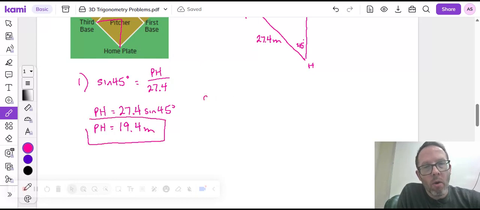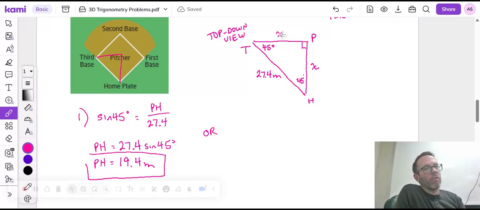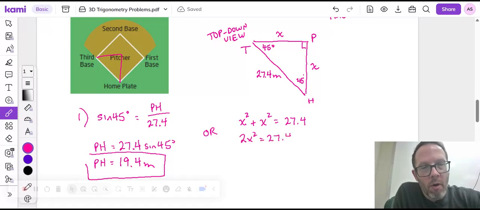I'm going to throw in a big R here as well. If we label that side x in this diagram here, both of those adjacent sides are the same, right? So you could use Pythagorean theorem. Pythagorean theorem says that x squared plus x squared is equal to the hypotenuse squared. That gives you 2x squared equals 27.4 squared.